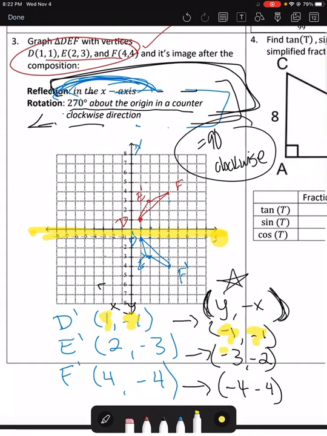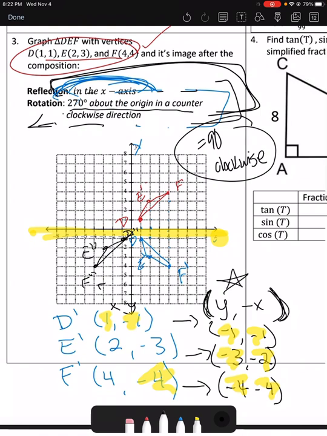Y first, negative 3, negative x, negative 2. Y first, negative 4, negative x, negative 4. Then I can plot those points. Negative 1, negative 1, D double prime. Negative 3, negative 2, E double prime. And negative 4, negative 4, F double prime.